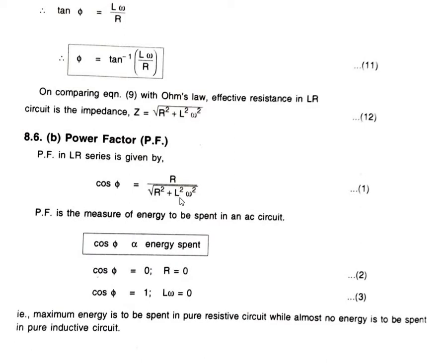That means if inductance is absent in a circuit, that means in a purely resistive circuit, this term will vanish. As a result, you will get cos phi as R by R, that is equal to 1. Okay, so maximum energy is spent in a purely resistive circuit, while almost no energy is spent in a purely inductive circuit.